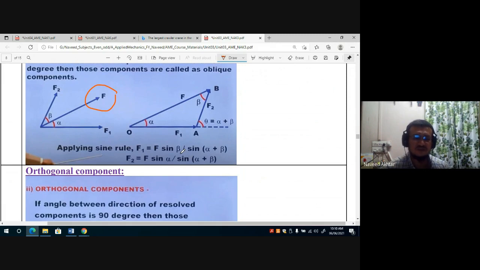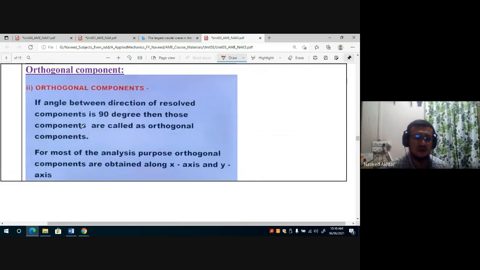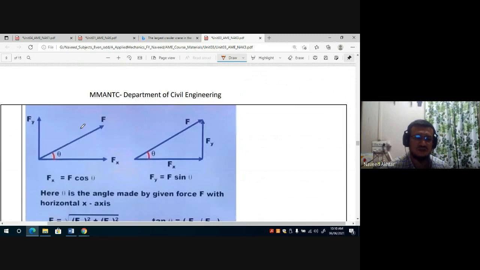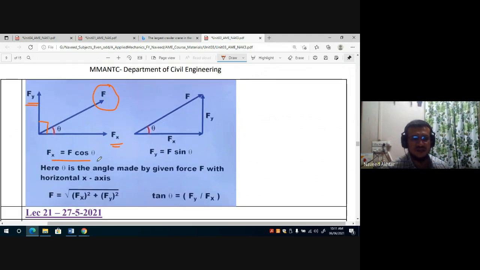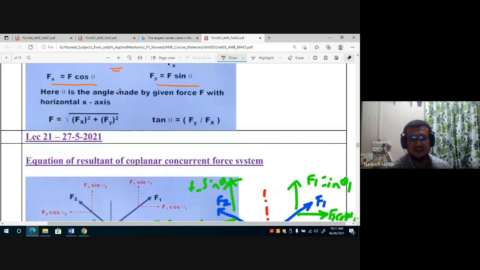So this is nothing but the sine rule, and then the orthogonal component, when the force is divided into two components orthogonally. Orthogonal means 90 degrees. So you can see F is divided into two, Fx and Fy. Fx is F cos theta, and Fy is F sin theta, since sin theta is opposite upon F. Here theta is the angle made by the given force F with the horizontal axis.